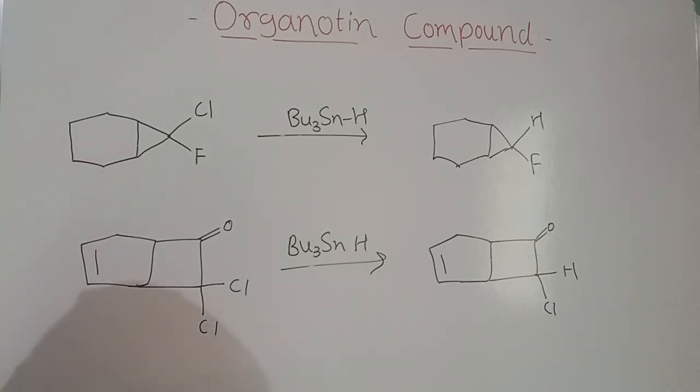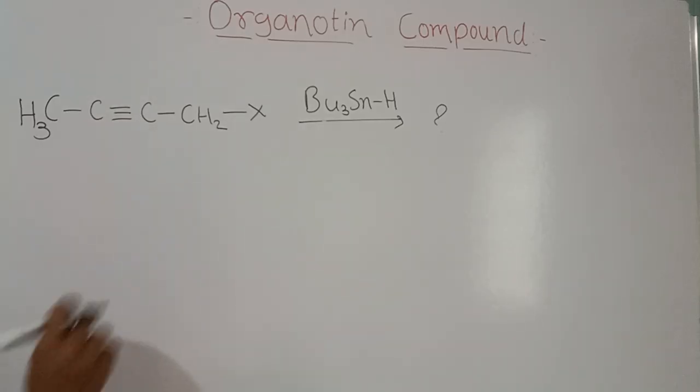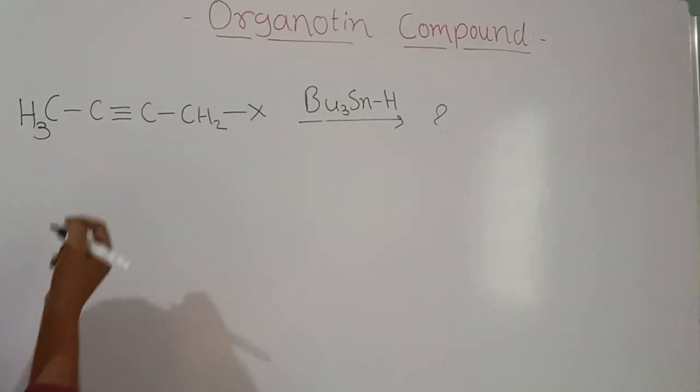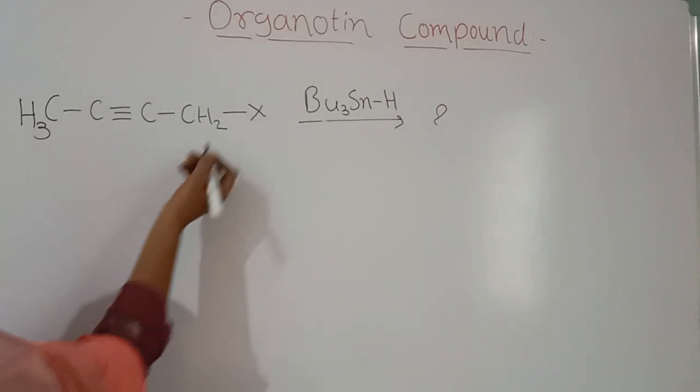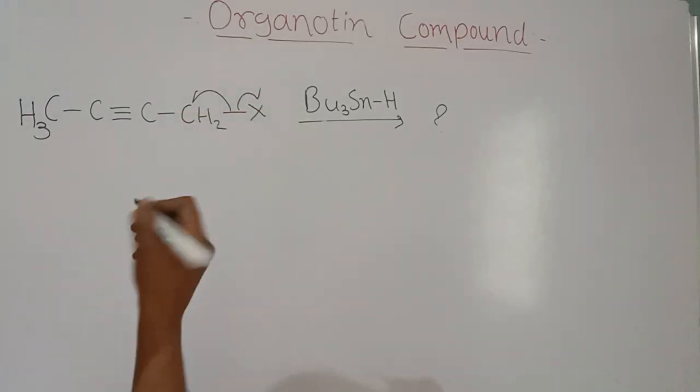In the case of an alkyne, what will happen? In this example, we get two products. First is a rearranged product. Let's see the mechanism, or we can write down the product. It is simply a free radical mechanism.